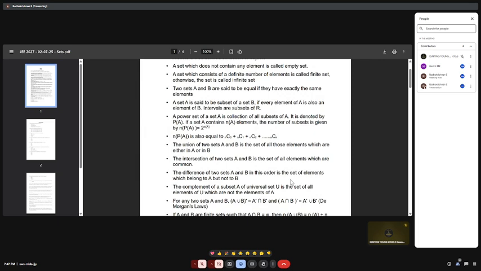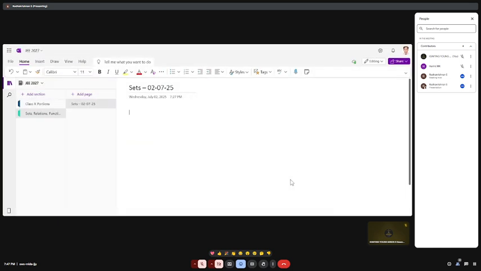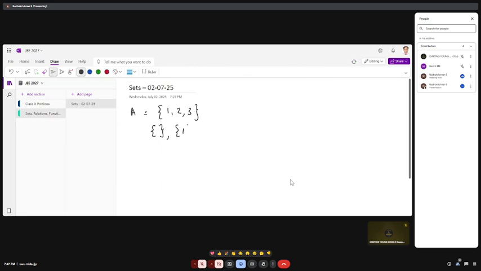The power set is a collection of all subsets. Let me write it down. Suppose set A equals {1, 2, 3}. So what are all the subsets? Null set is one subset. This is one subset.